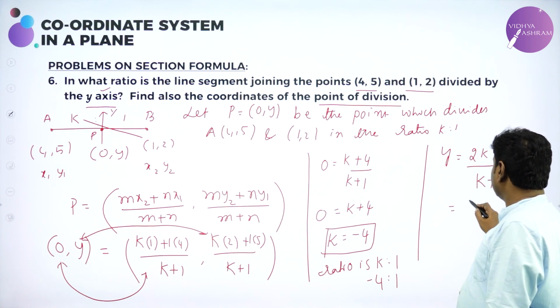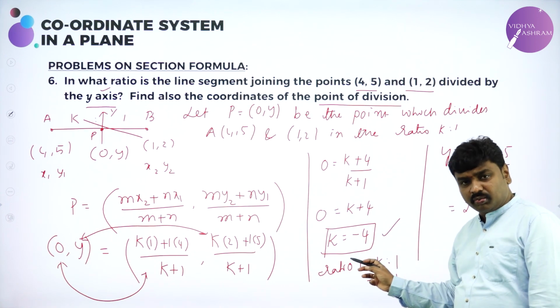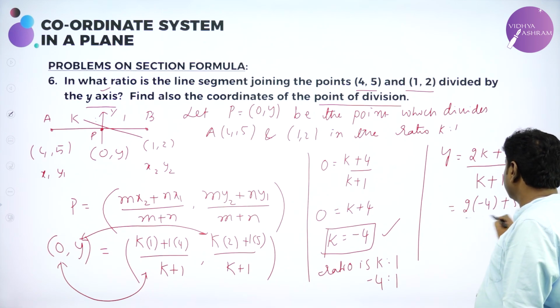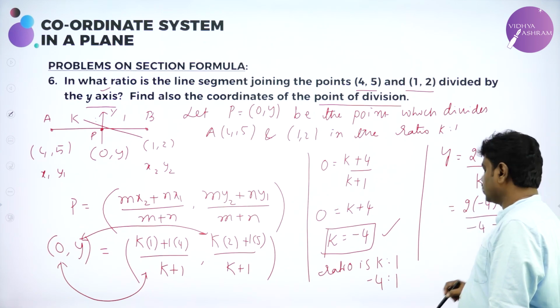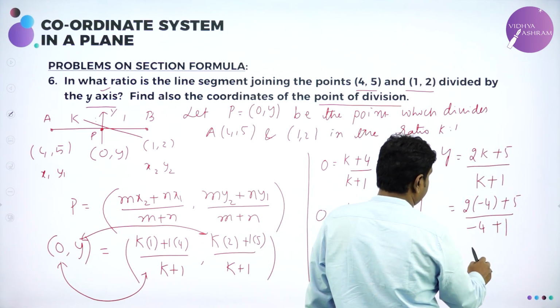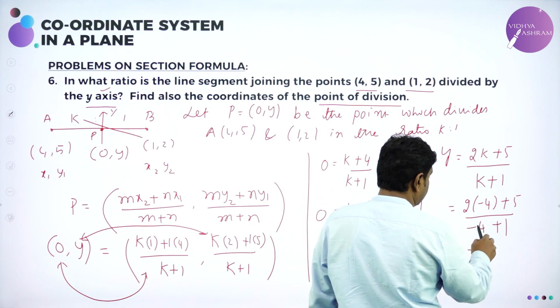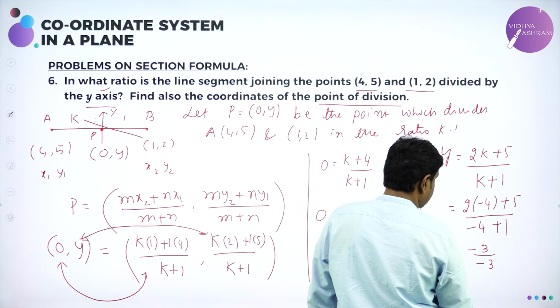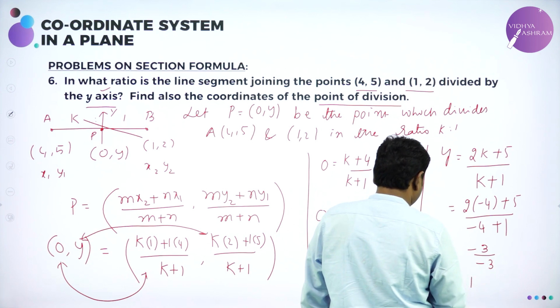The k value we just got, what is it? Minus 4. Substituted: 2 into minus 4 plus 5 divided by minus 4 plus 1. Simplify this. Minus 8 plus 5 is minus 3, divided by minus 4 plus 1 is minus 3. So 1. The y coordinate is 1.